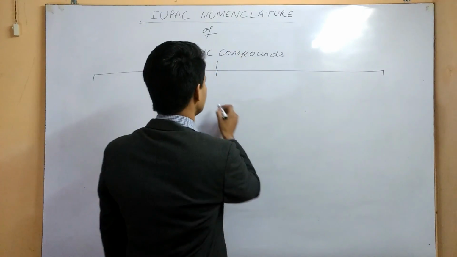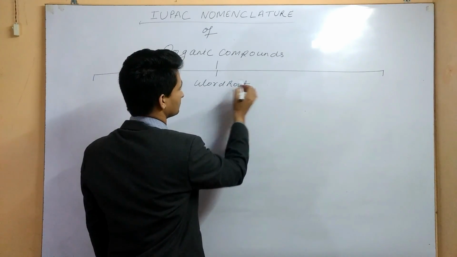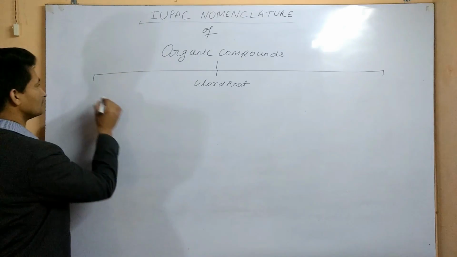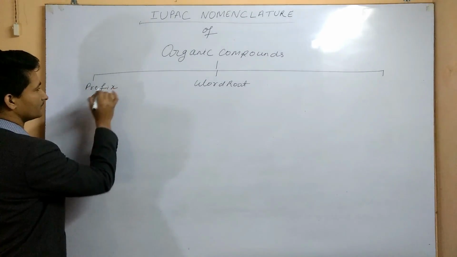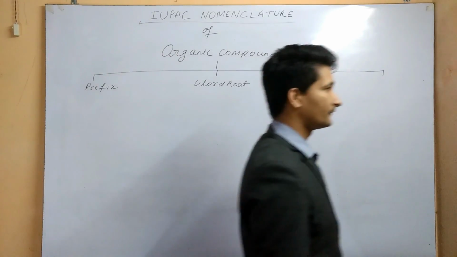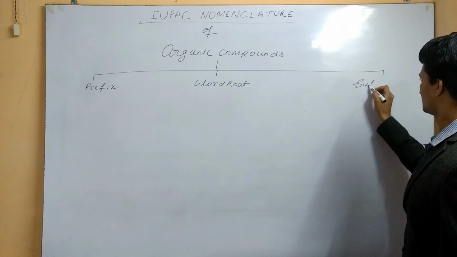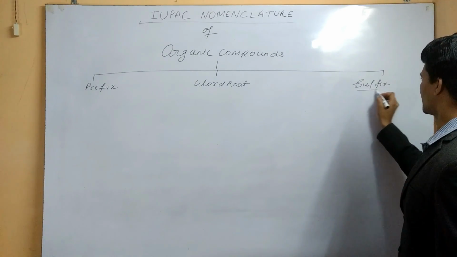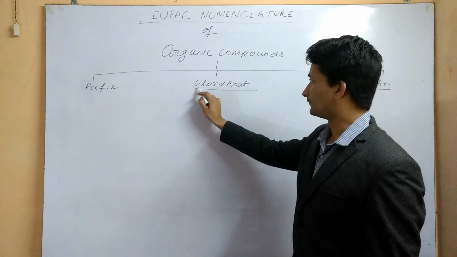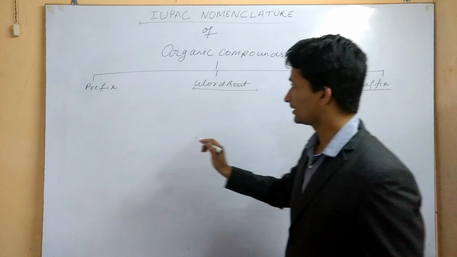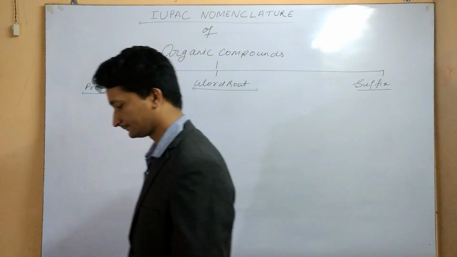The main part is the word root, and before the word root we add a prefix, and after the word root we add a suffix. Okay. So we have to learn what this prefix, word root and suffix denote.